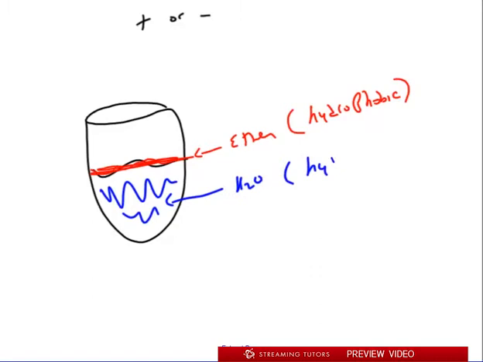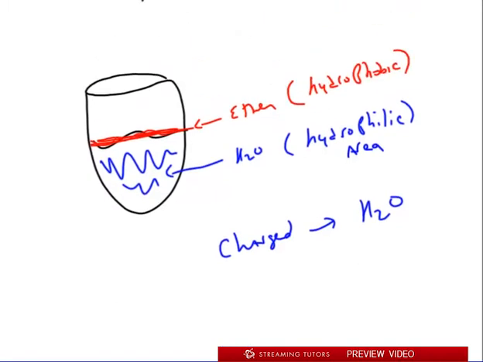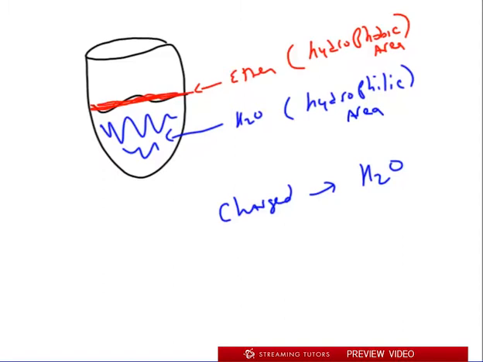So that's hydrophilic. So what happens is things that are charged go into the water. They're hydrophilic. And by the way, I mean hydrophilic area and then hydrophobic area. Okay? So things that are not charged are going to go into the ether.